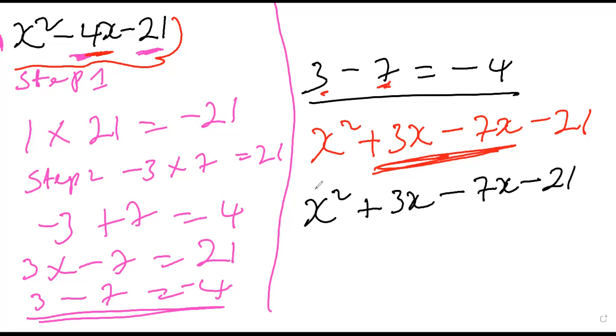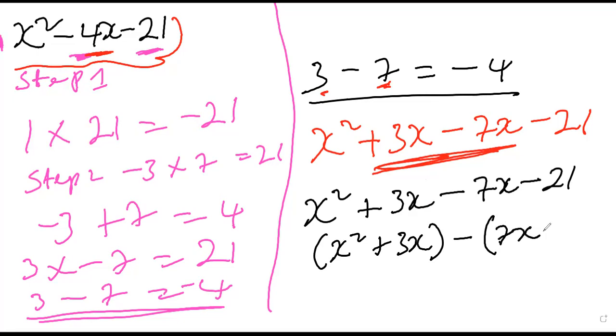I'm going to bracket these two guys. I'm going to have this S squared plus 3S, plus, then I'm going to have 7S minus 21. So there is something common among these guys.